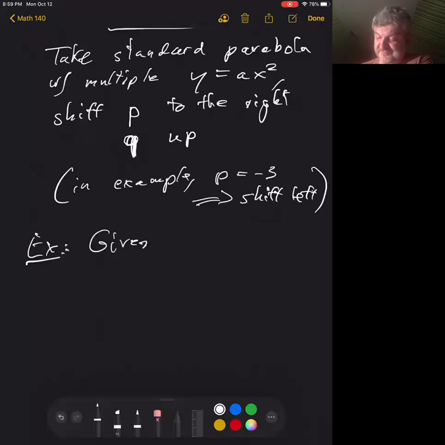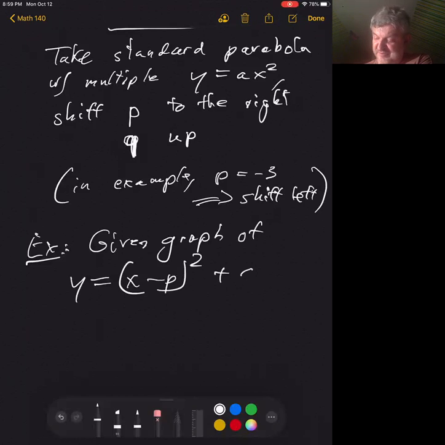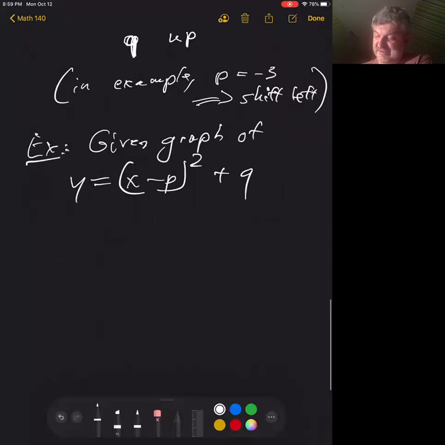Given the graph of y is (x minus p) quantity squared plus q, something like this.